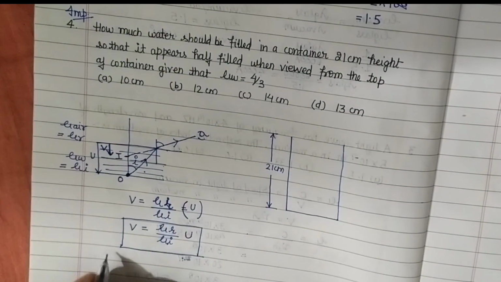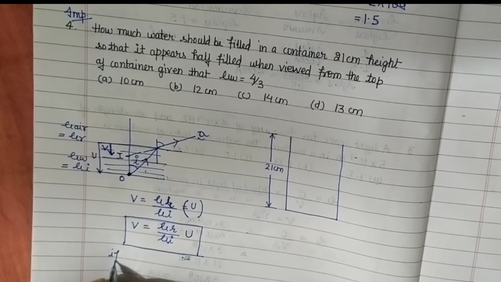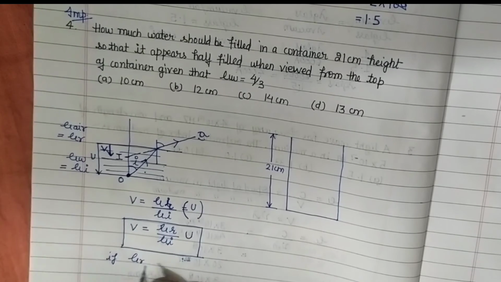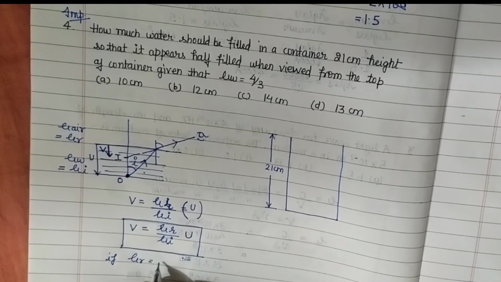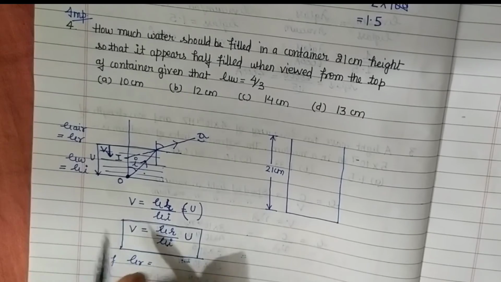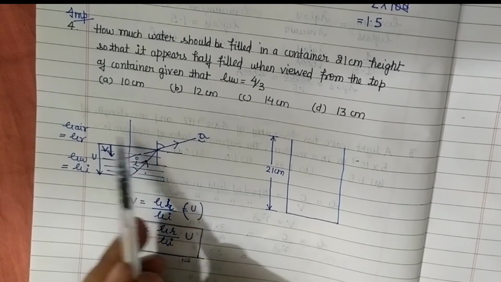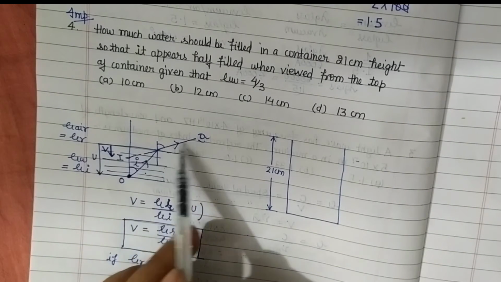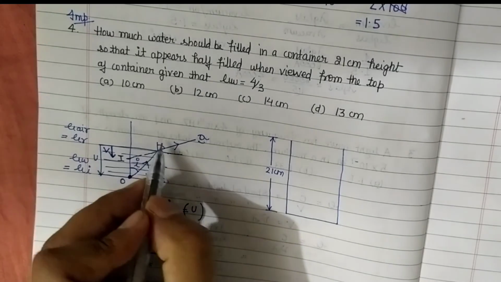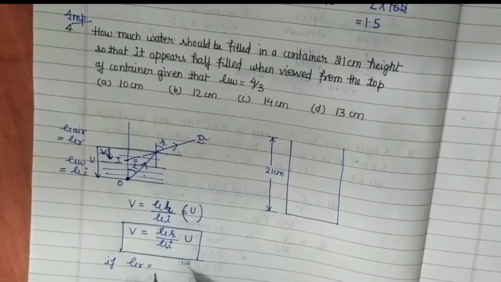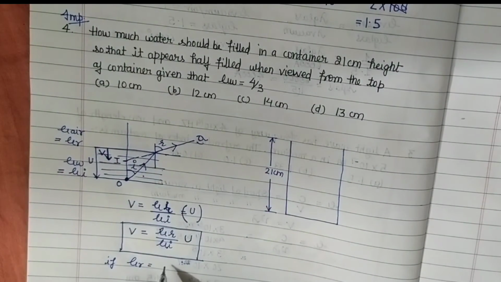Here mu R is air, the refractive index of the medium in which the refracted ray is present. So this is the incident ray, this is the refracted ray. The refracted ray is present in air.